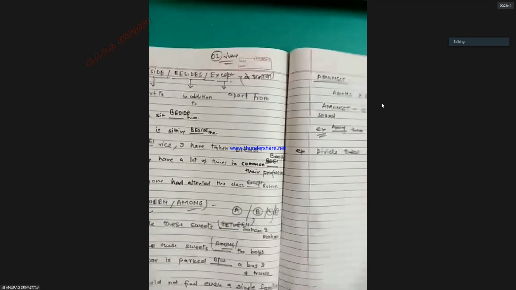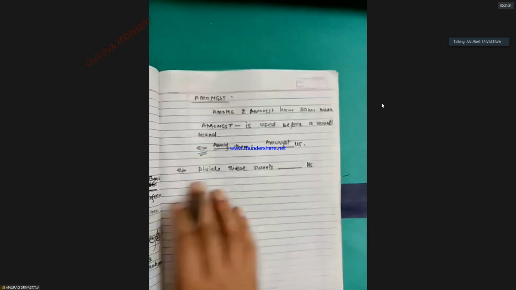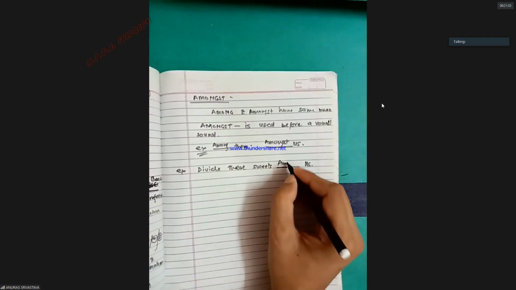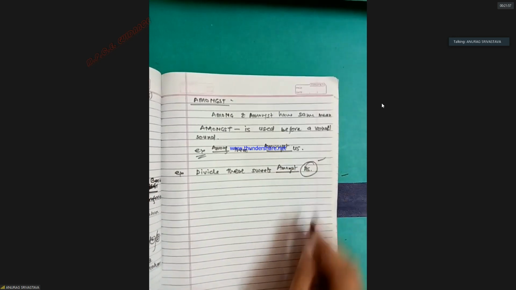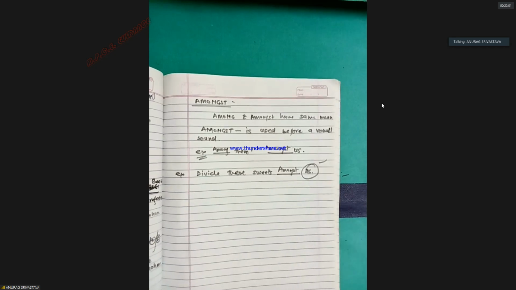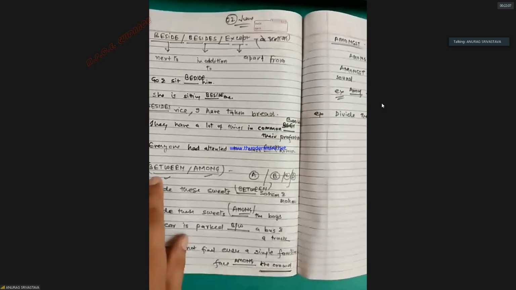Then between, among and amongst. Out of these three, which will be used? We will use amongst. Why amongst? Because the word us has a vowel sound. Because of this, we use amongst. Fine. So this is the use of between, among and amongst.